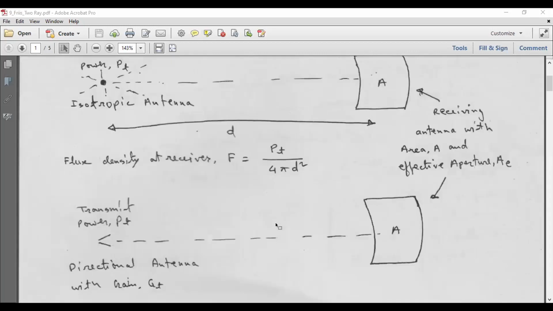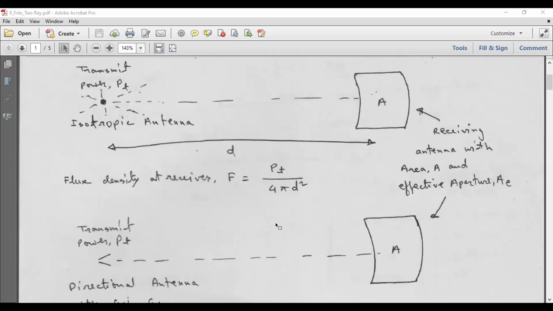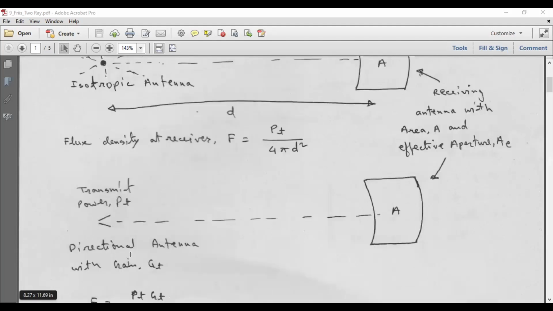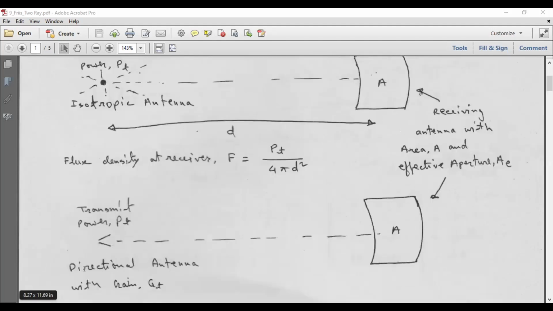However, let's consider a directional antenna. We know the location of the receiver, and we are directing our power in that direction. So that is the practical antenna. We have a directional antenna. So then definitely, you are not wasting your power emitting them in unnecessary directions.